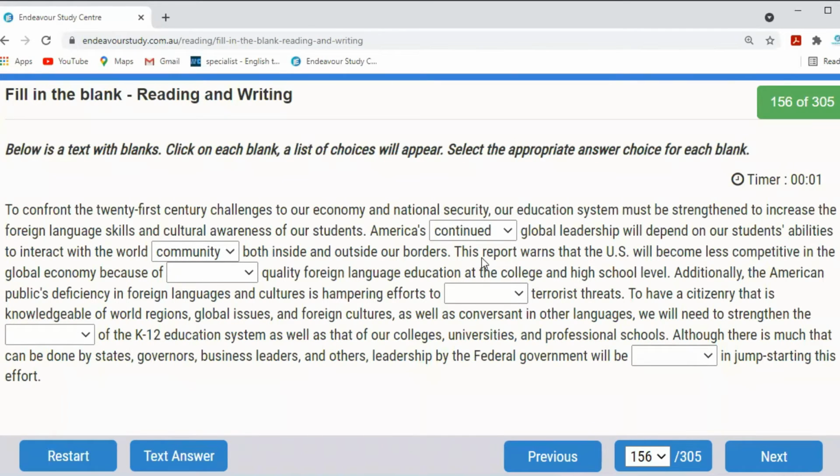So this report warns that the US, remember whenever you have US, we generally use the with it. This is a common exception to the standard rule of grammar, which says do not have an article before a proper noun. You cannot say my name is the Mohinder, I live in the Adelaide. That is grammatically incorrect.